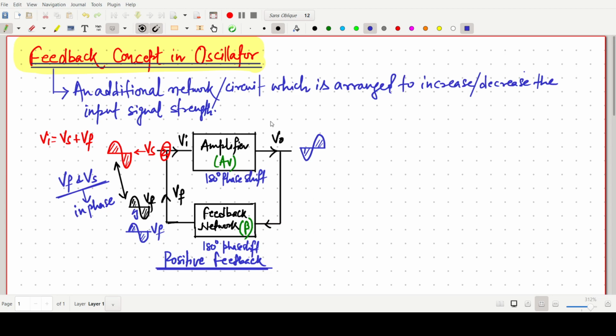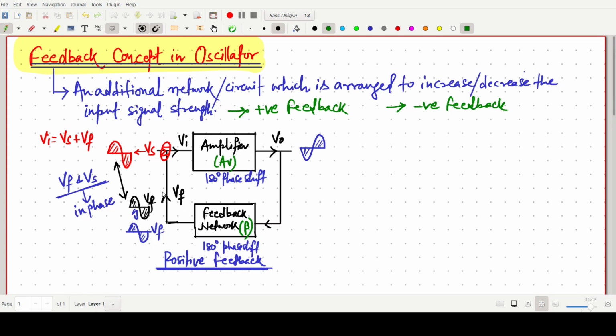Another thing, further there are basically two types of feedback. Feedback is either positive feedback or negative feedback.